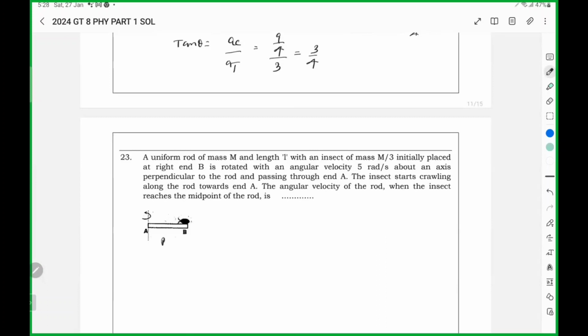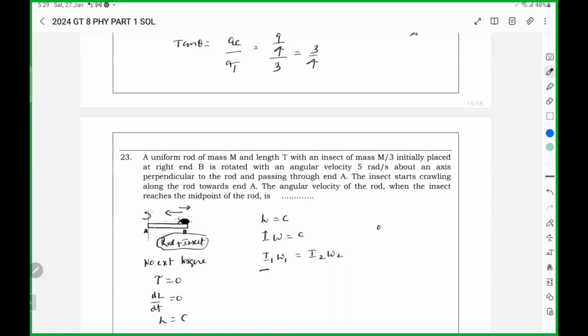Here the system means rod plus insect is the system. When the insect moves towards left or right doesn't matter. So no external torque. That means torque 0 means dL by dt is 0. L becomes constant. When L is constant, angular momentum is conserved. So generally, in place of mass, moment of inertia, and in place of velocity, angular velocity.